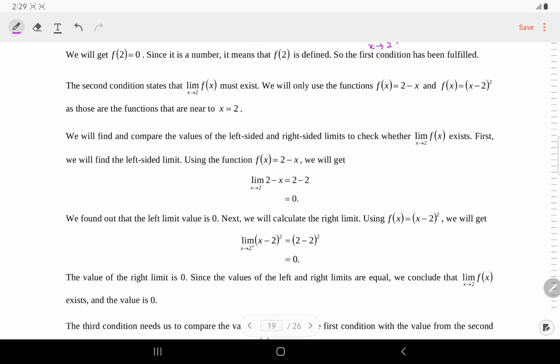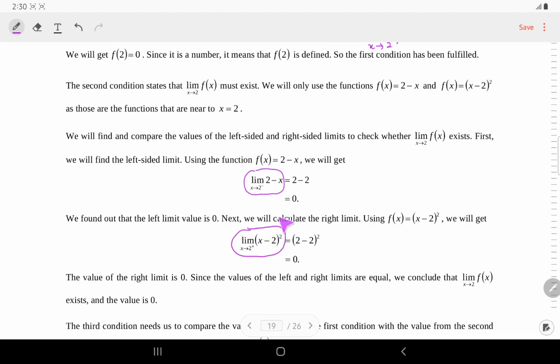Okay, so this is the working solution for condition number 2. This is our left limit and right limit. From here you can see that for the left limit and the right limit, we use different functions. For the left limit, we use the function 2 minus x, while for the right limit, we use the function (x minus 2) squared.